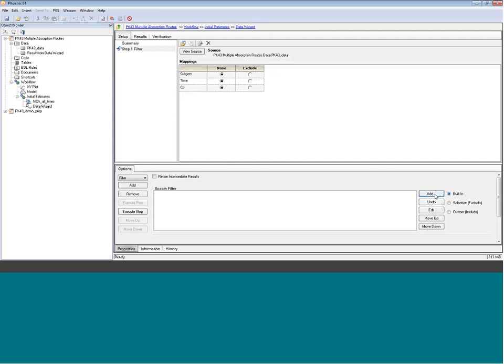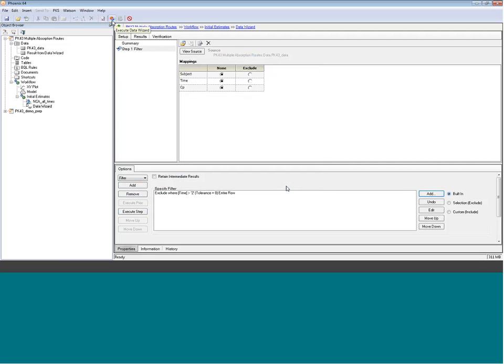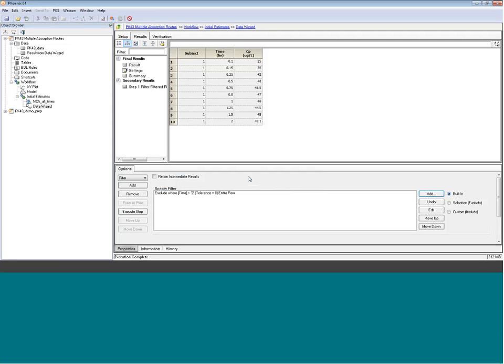And I can use a built-in filter with the action Exclude. And I'll find the value 2 in the time column and exclude values that are greater than 2. Okay. So I can click OK and then execute. And so now my result is a data set that just has concentrations from dosing time to 2 hours.